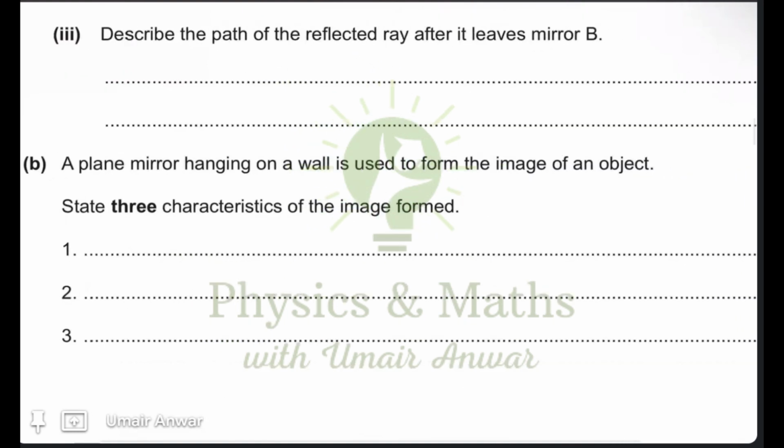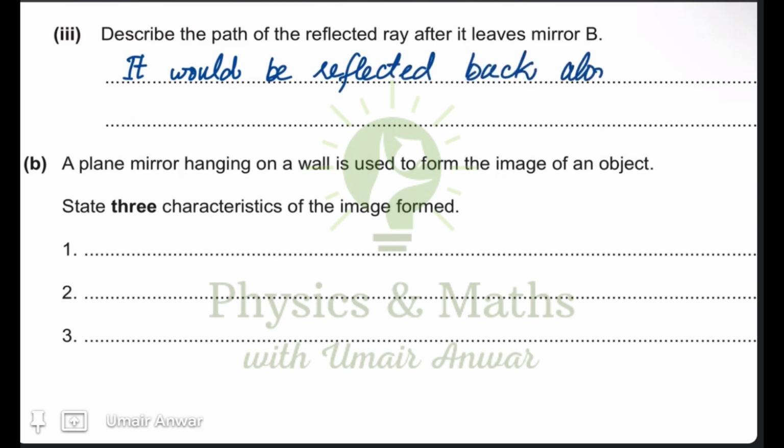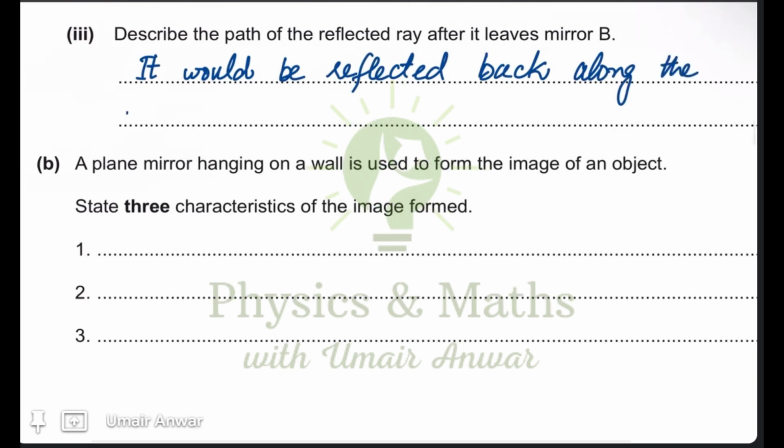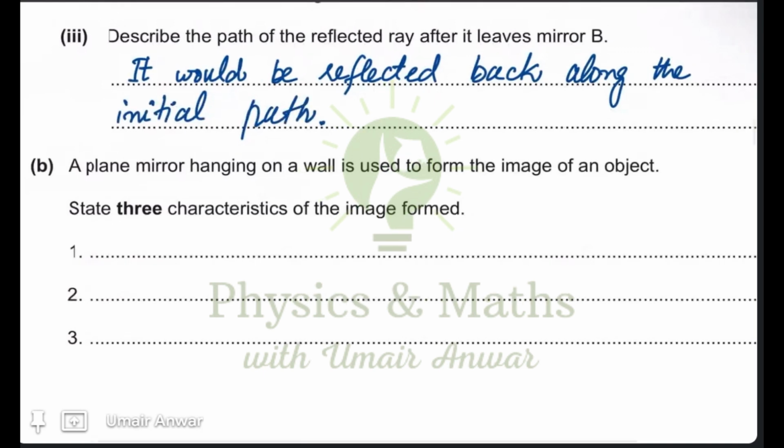So I would be writing here, it would be reflected back along the original path, or the initial path that it was following when it was coming towards mirror B.